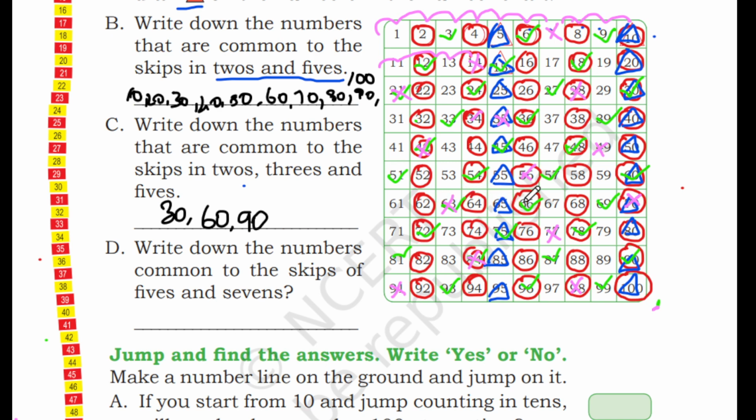So we find out, no, it's not there. Okay. So we found 35. So we write the number 35.